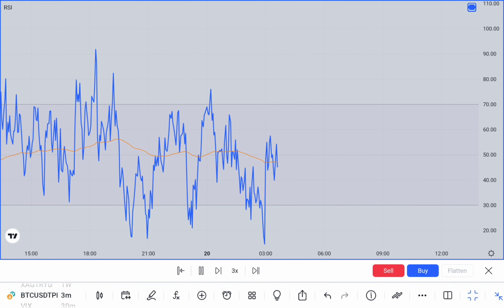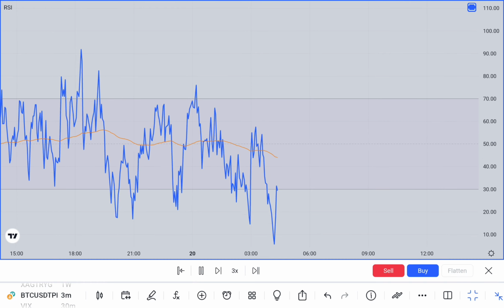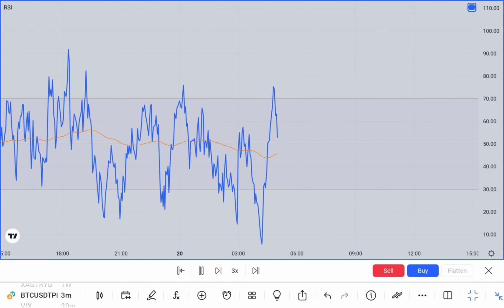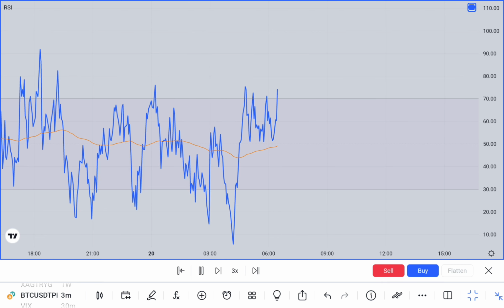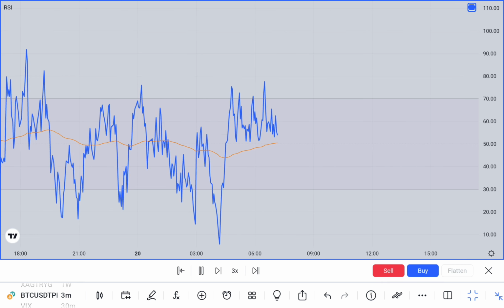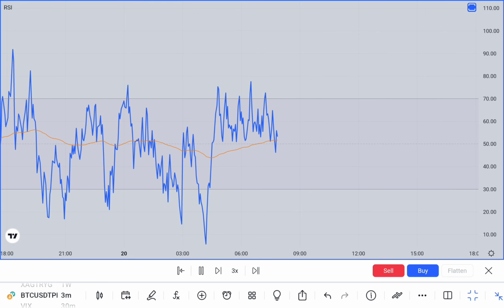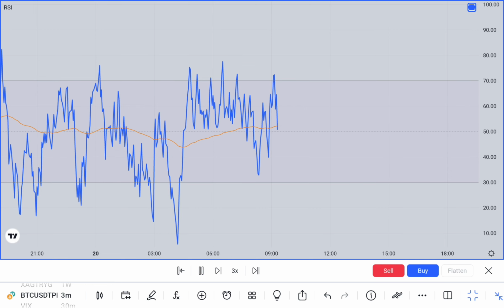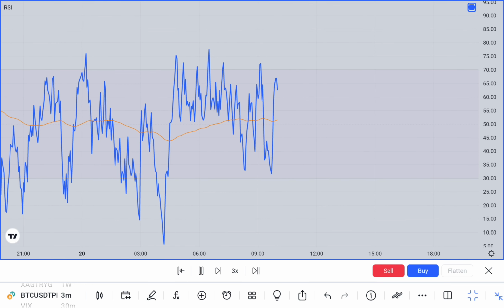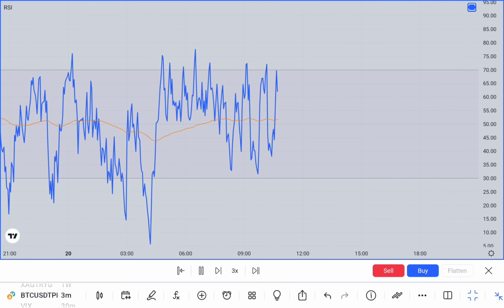The Relative Strength Index, RSI, is a momentum oscillator that measures the speed and change of price movements. It is one of the most popular technical indicators and is used to identify overbought and oversold conditions in an asset. The RSI indicator ranges from 0 to 100 and is calculated by comparing the average gains and losses over a specified time period.